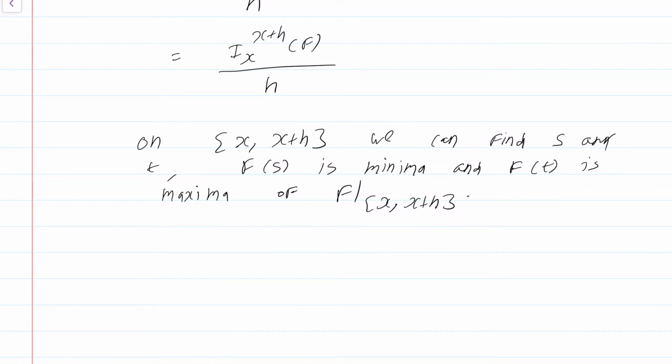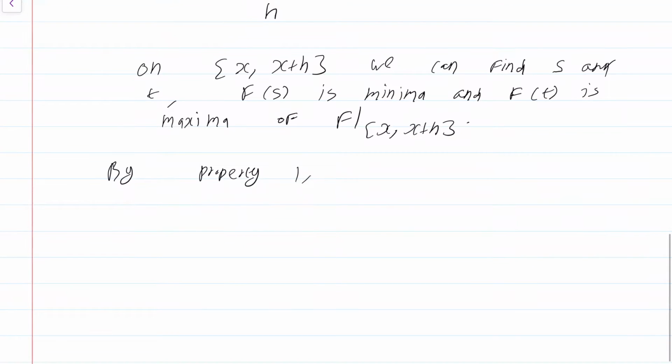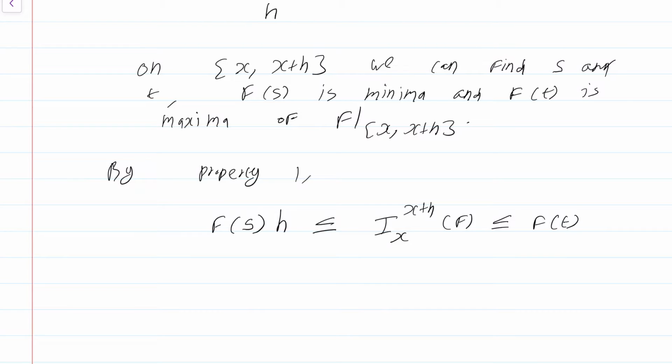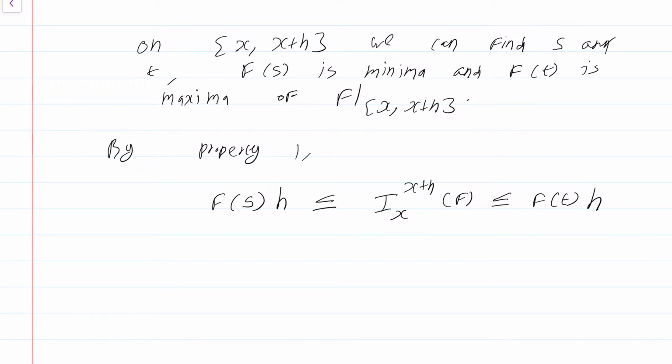We know that by property 1, f of s times h is less than or equal to I_x,x+h of f is less than or equal to f of t times h. This is just property 1. Now that means f of s is less than or equal to I_x,x+h of f by h is less than or equal to f of t.